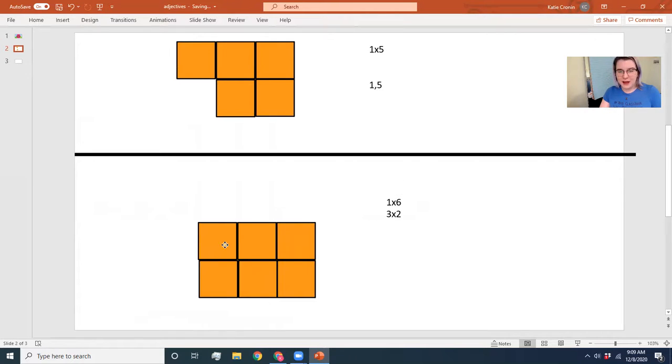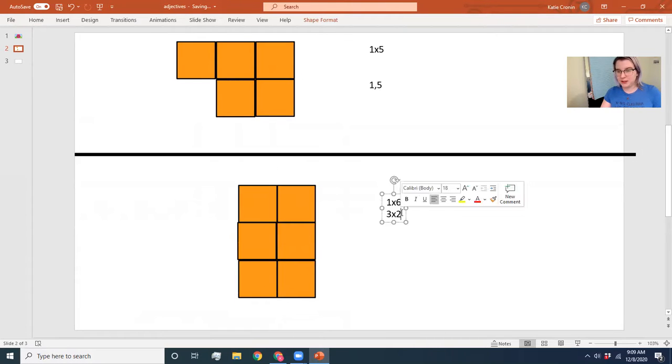Right? And I know we can also make 2 by 3, but it's kind of the same thing, right? So if we list out our factors of 6, we've got 1, 2, 3, and 6.